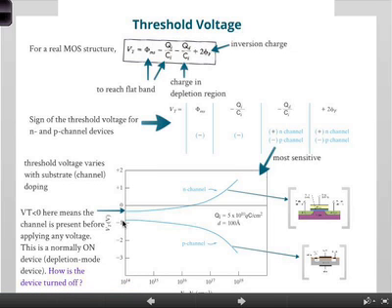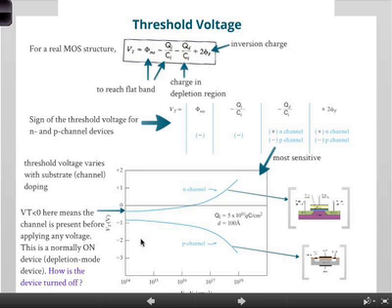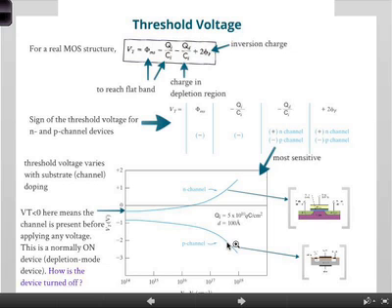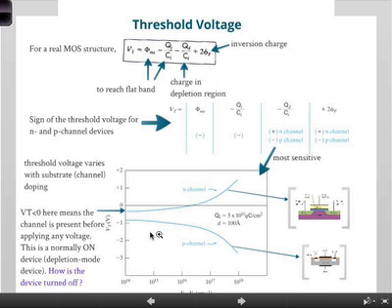So for the P channel, this is always negative, by the way. So this is negative, negative, negative, negative. So threshold voltage is always negative for the P channel, which makes sense, right? Because you need to apply some negative voltage to attract the holes. P channel means you need to attract holes. You need to apply more negative voltage to attract holes. So it logically makes sense. As you increase the doping concentration of donors in this case, which is the N-type substrate, for a P channel, this threshold voltage gets bigger.